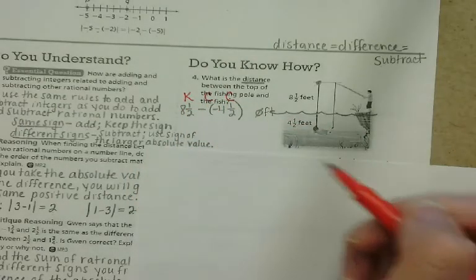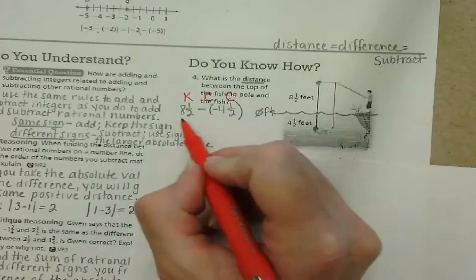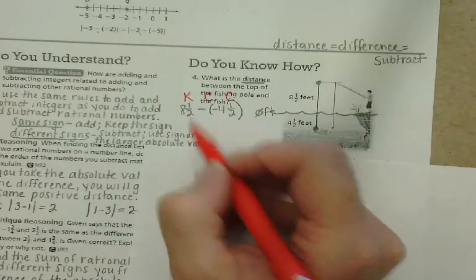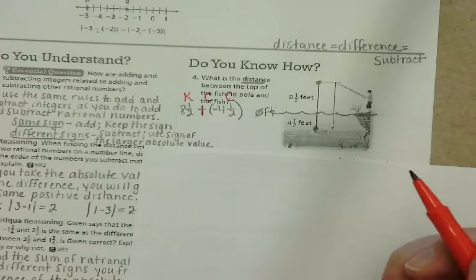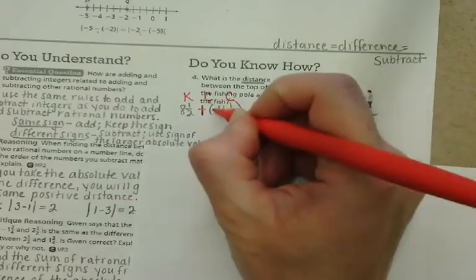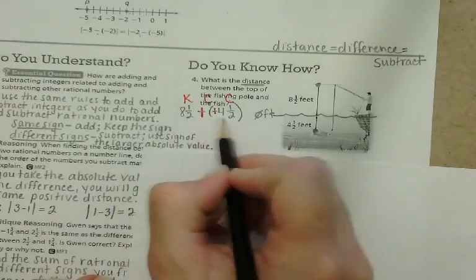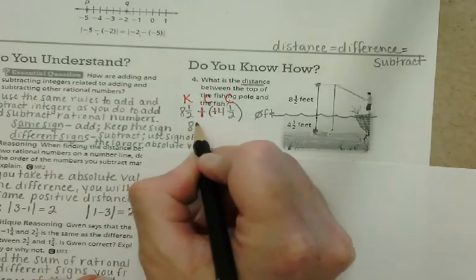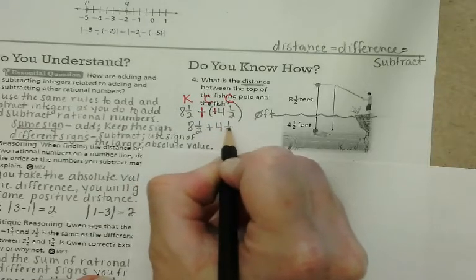Those are sort of your directions for additive inverse. So we will leave the 8.5 the way it is. We're going to change that subtraction to addition, and we're going to change the negative to a positive. So this problem is now 8.5 plus 4.5.